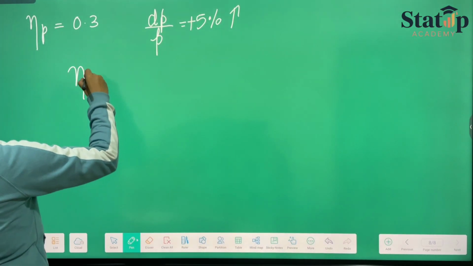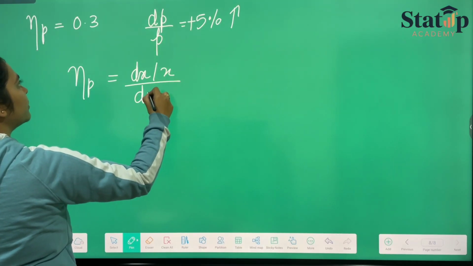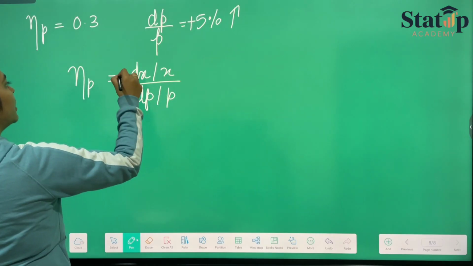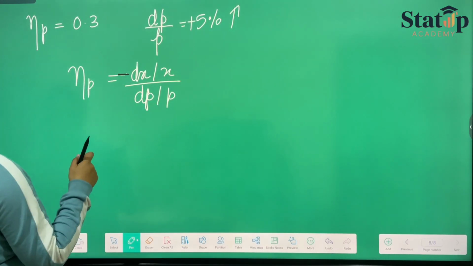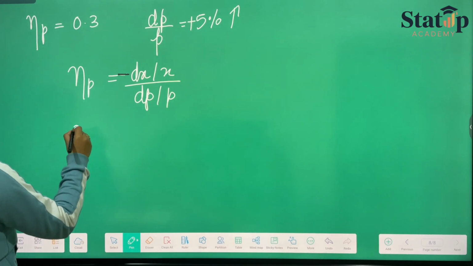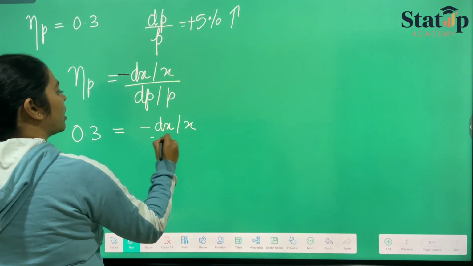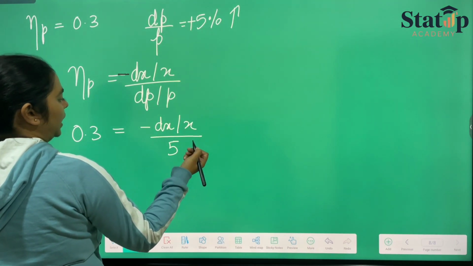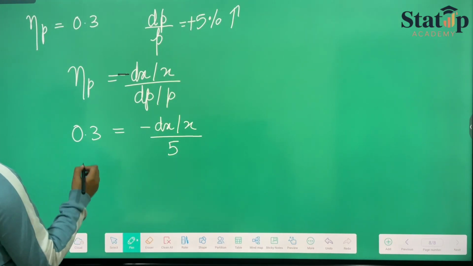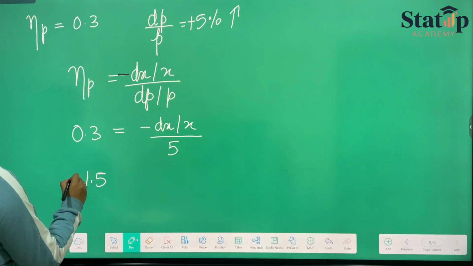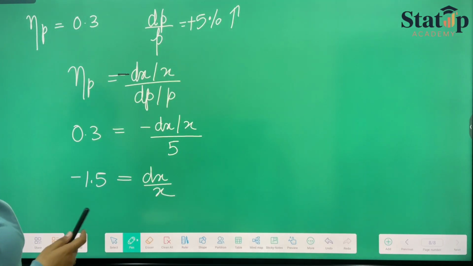We know the formula is eta p equals minus the relative change in demand upon the relative change in price. Now we know why there is a minus sign. So putting the values here, 0.3 equals minus dx upon x upon 5, and we can answer this in percentage. So if I multiply here, this would be 1.5 with a minus sign equals dx upon x, which is the relative change in demand.